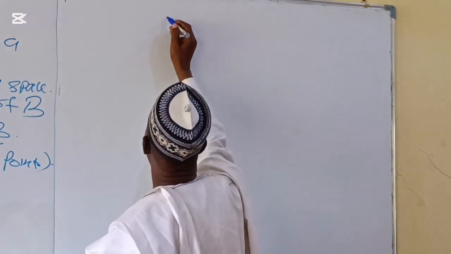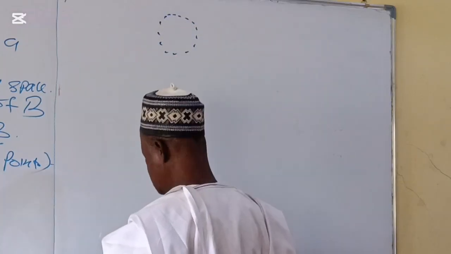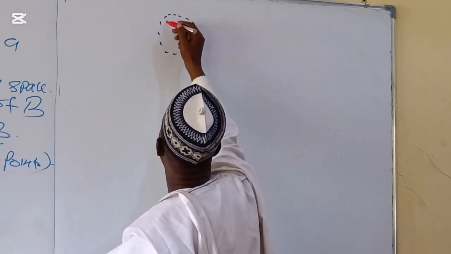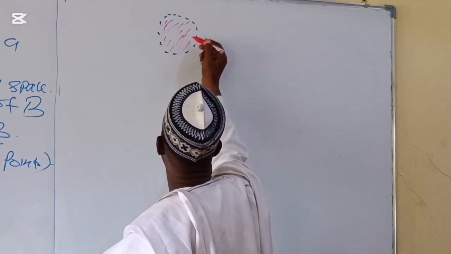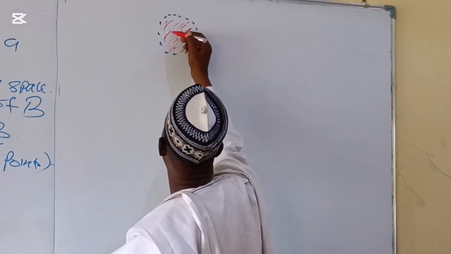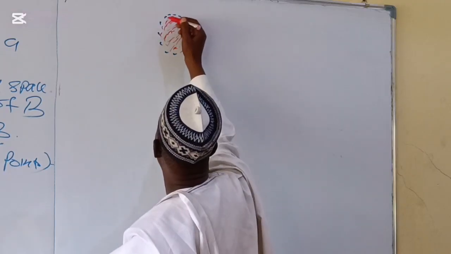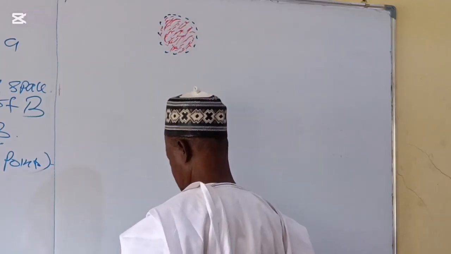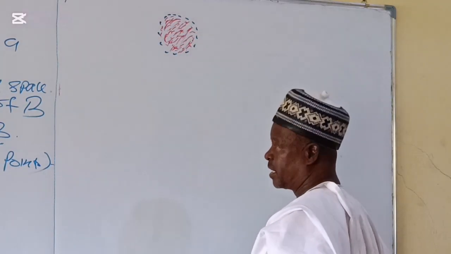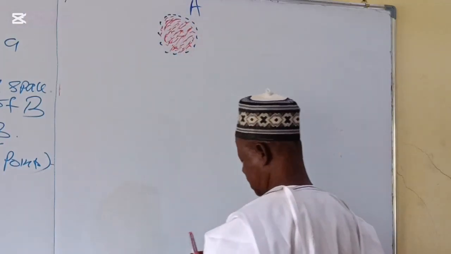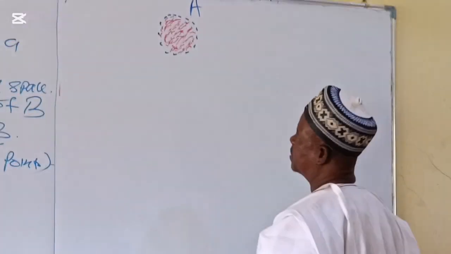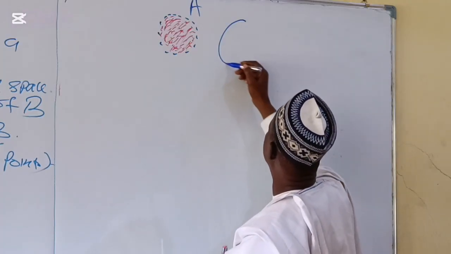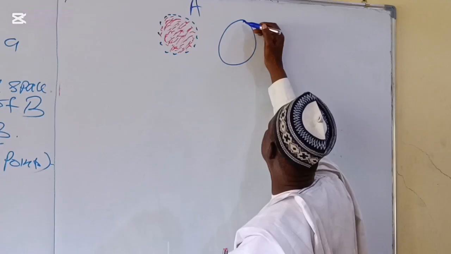If my set is like this, supposing, let me use another letter, let me say this is A. It's an open set, and I want to create the limit for it, then I will say this boundary now, isn't it?